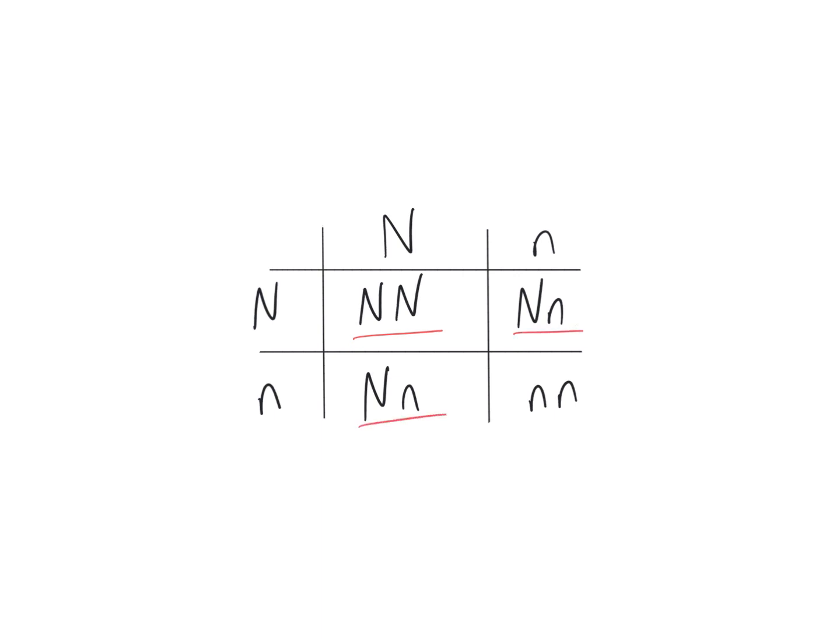These two individuals are both heterozygous, long wings, and there is a 1 in 4 chance that the offspring would be homozygous recessive, so they would have short wings. The way we express that is often we would say 3 long wings to 1 short wing. You could also say 75% of the offspring are likely to have long wings and 25% of the offspring are likely to have short wings.